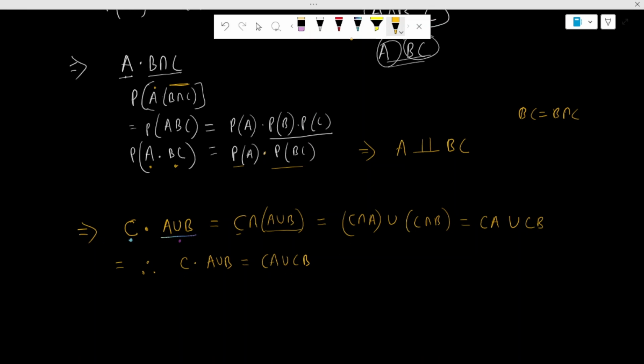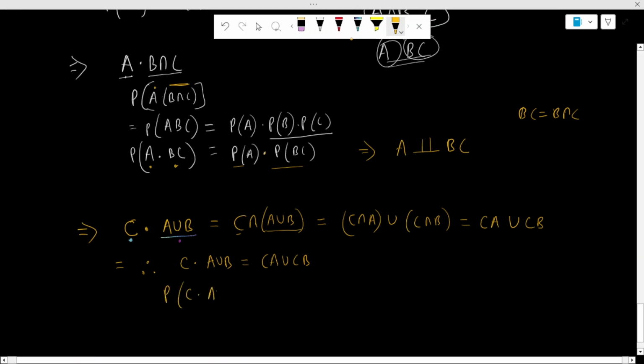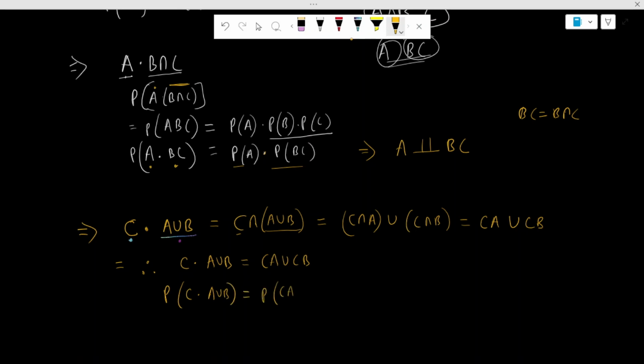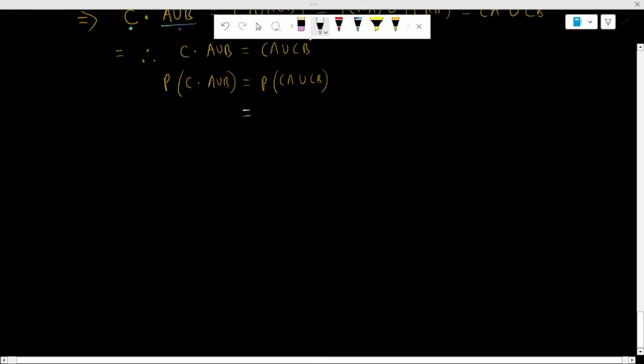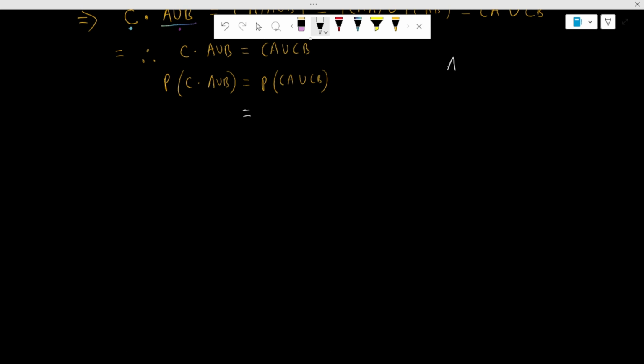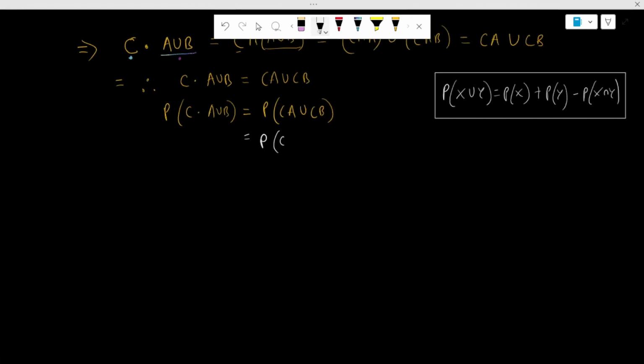Now let us take the probability. The probability of C intersection (A union B) is equivalent to the probability of CA union CB, and let me expand it. So this is equal to, let us apply again this formula, probability of X plus probability of Y minus probability of X intersection Y. The combination of two events among A, B, C are also independent.